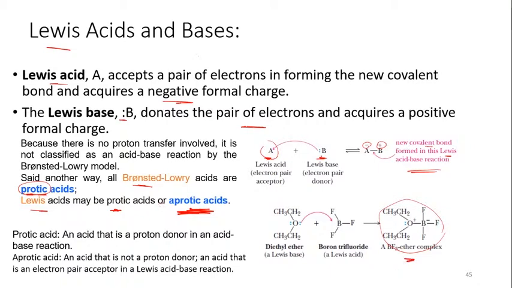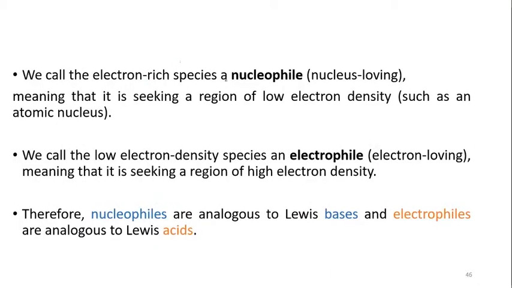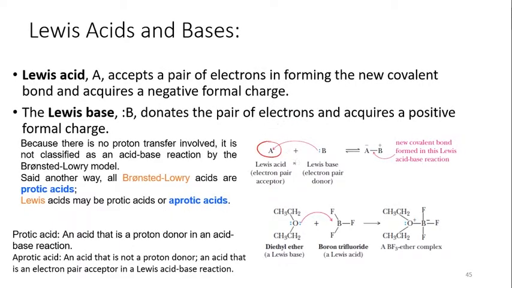Now, this is the term that we usually call this part, which is the Lewis acid. We name them electrophiles because they need electrons and they have a low density of electrons. By electrophiles, we mean electron-loving. They love to acquire electrons. The nucleophile, on the other hand, is the Lewis base.